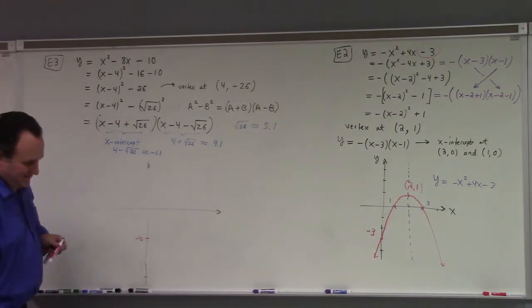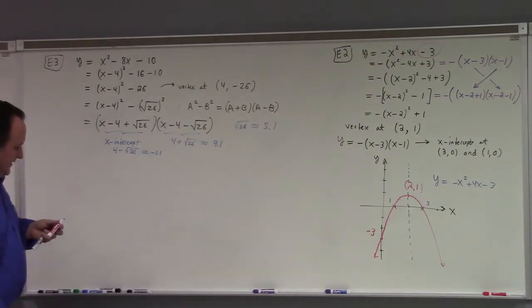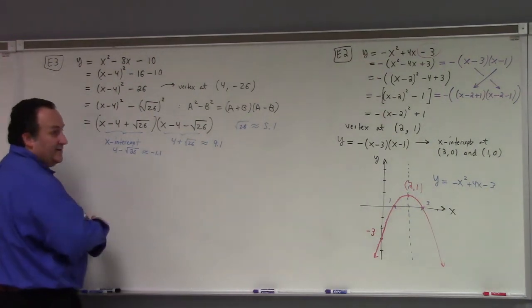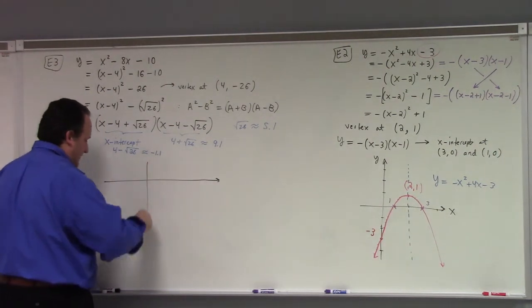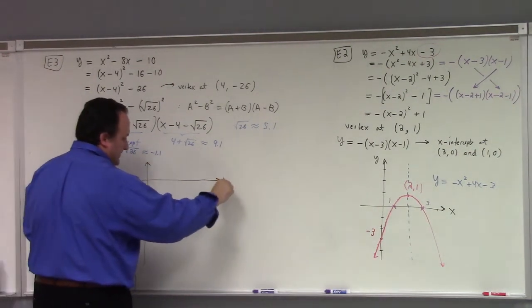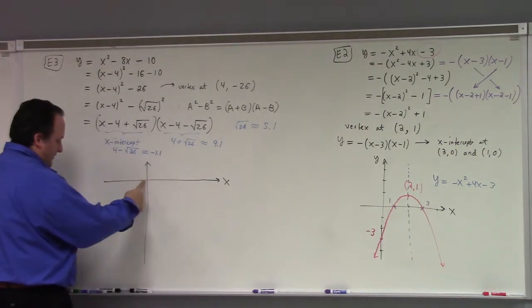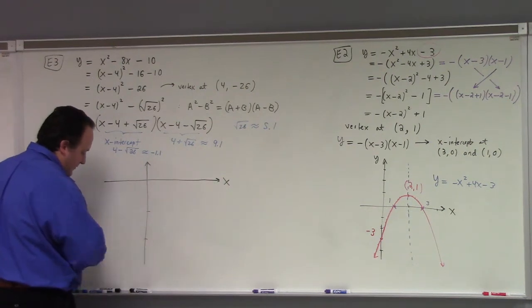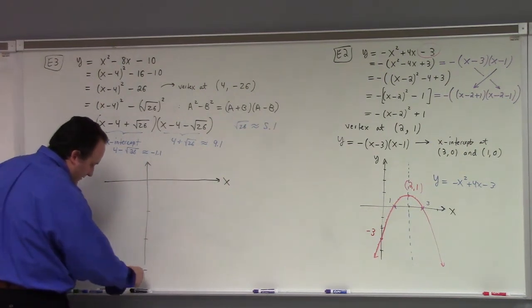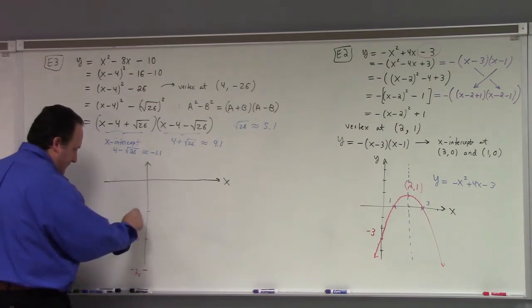Man, I need a bigger board. Actually, what I need to do is put my x-axis a little bit higher, because most interesting things are happening below the x-axis, so I should just scooch the x-axis up. So I got myself a minus 10, minus 20, minus 30 down here. All right, great.